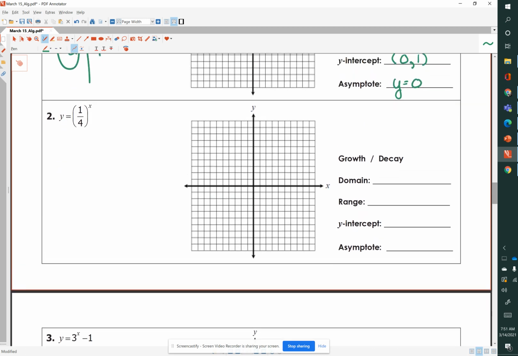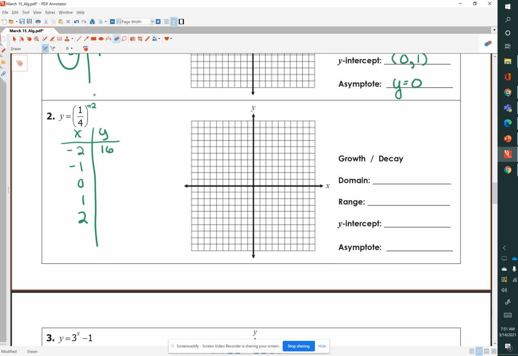So now we're going to graph y equals (1/4)^x. So let's get a table of values. And for this one, I'll use the same values for x. You think of these as our try-on values. So here, when x equals negative 2, 1/4 raised to the negative 2 power is 16.